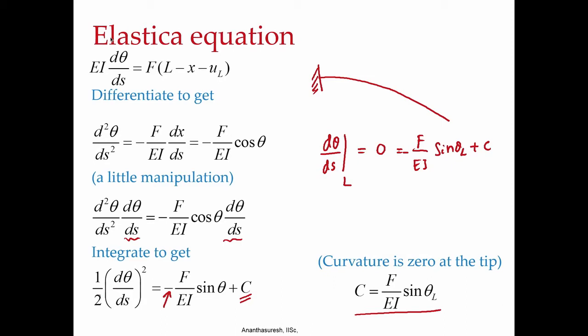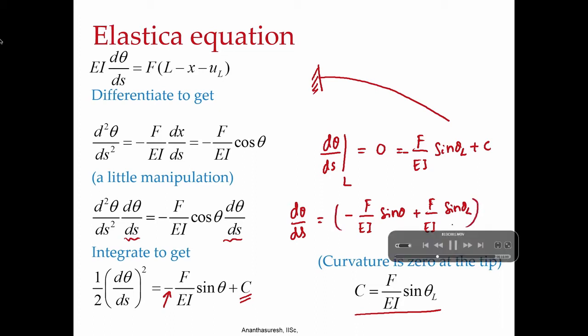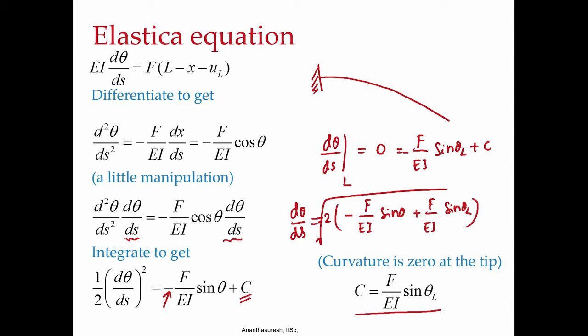So, we got an equation now which is of the form, I can write d theta by ds equal to minus F by E I sin theta, and then we also have F by E I sin theta L, and then the 2 goes here, and we have to take a square root because it is (d theta by ds) square.